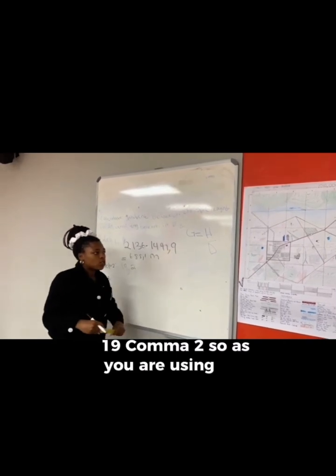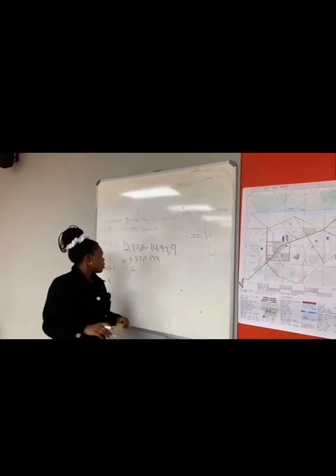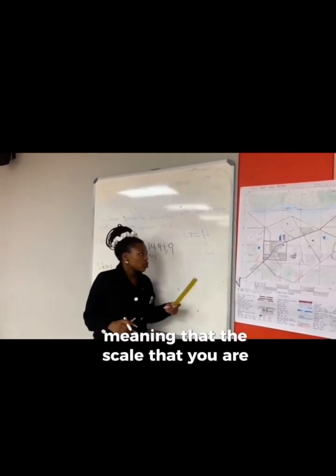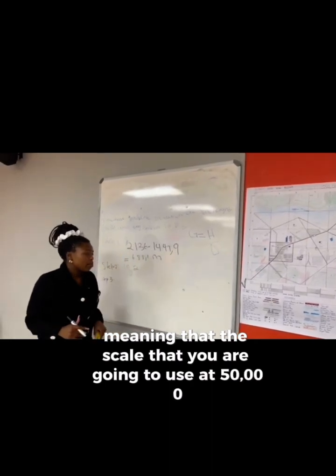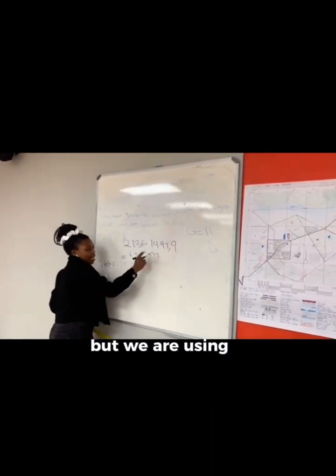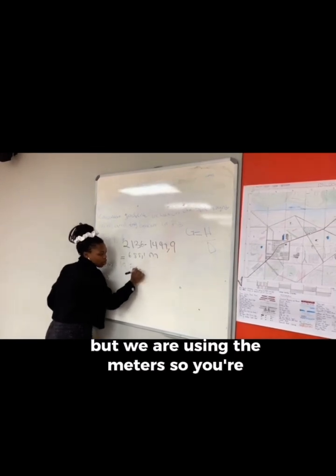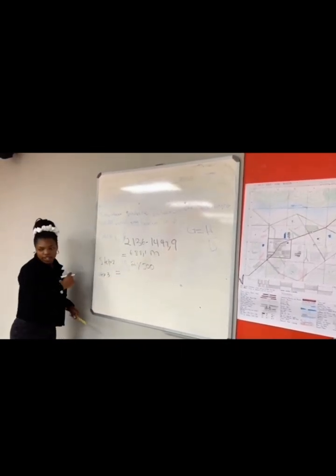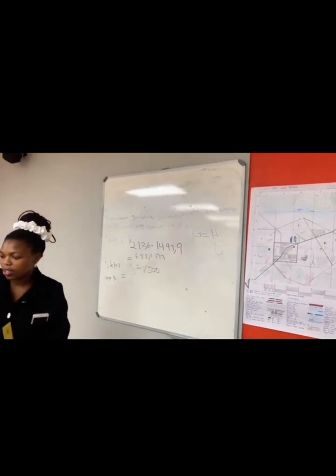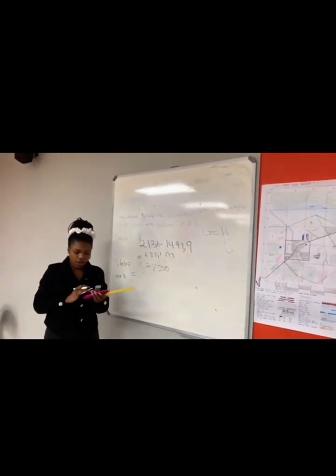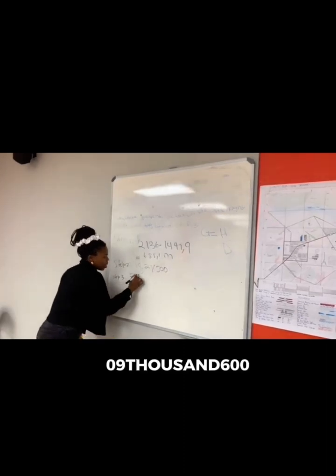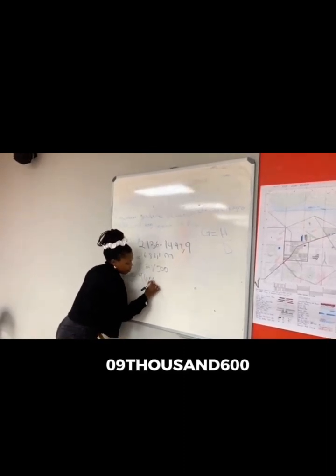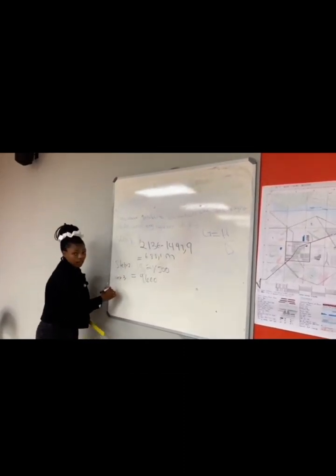So as we are using the topographic map, meaning that the scale that we are going to use is 1 to 50,000, but we are using meters, so we're going to use 500, which is 9,600.